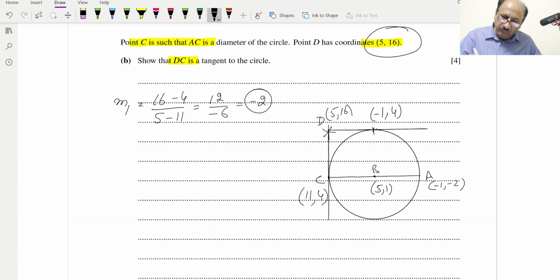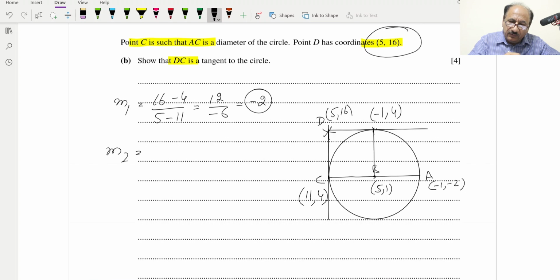How do we reach this one? Because this is also a radius, and this one is a radius, the x value will have a difference of 6, so 5 minus 6 will be -1, and the other value, y, will be 4. Now we can find m2 also.